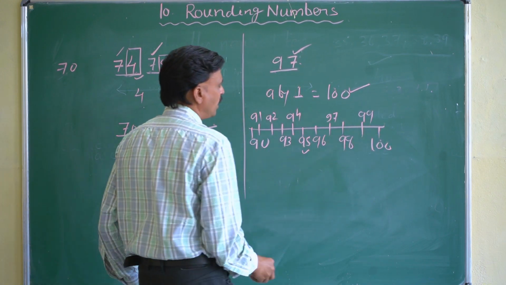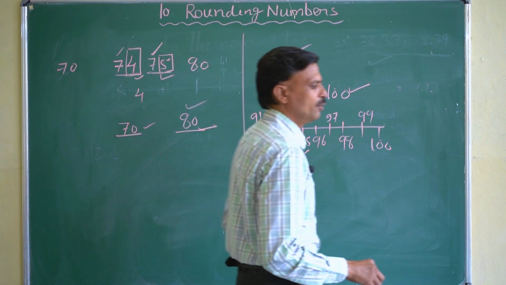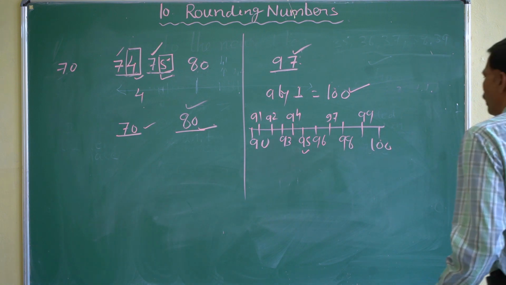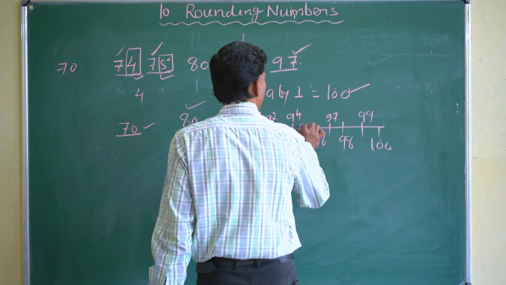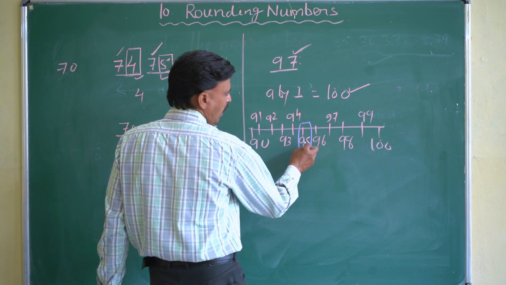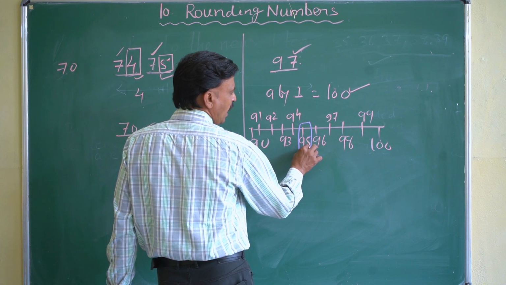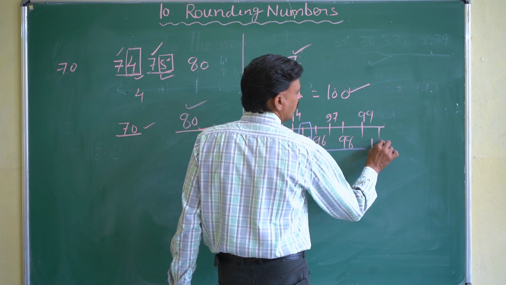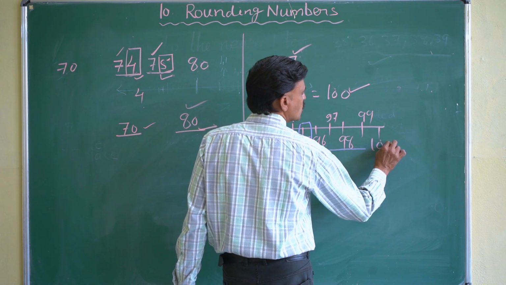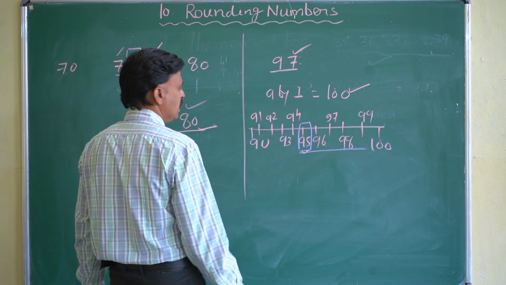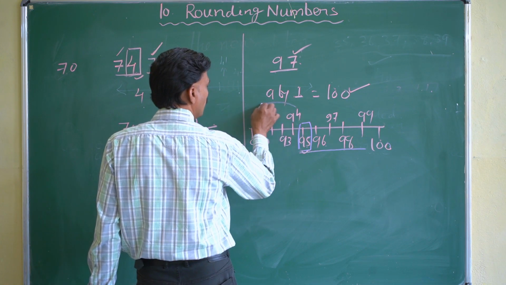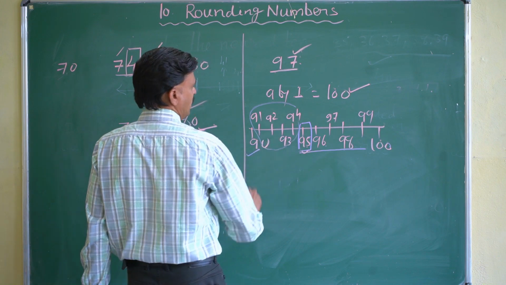If you see on the number line, 95 and more than 95 are all close to or near to 100, since 94 to 91 are close to 90.